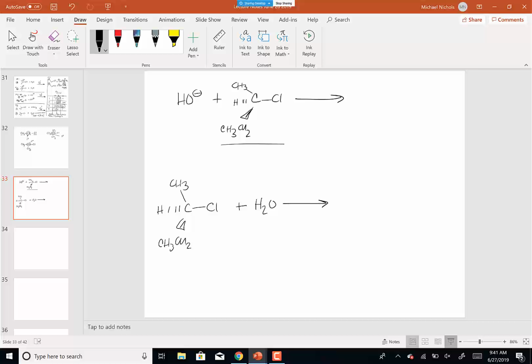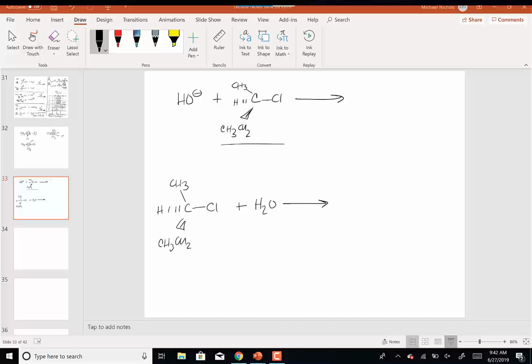How many steps should there be for the second reaction, for the SN1 reaction? How many steps? No, there's 3. There should be 3 steps for the second reaction.